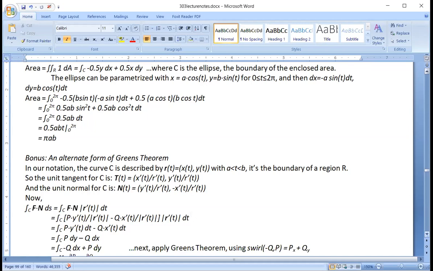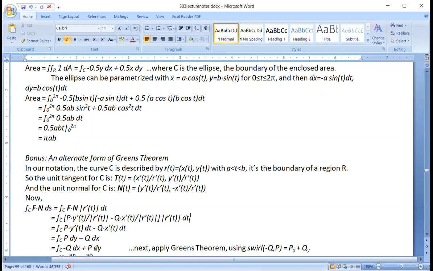And now we're going to apply our original version of Green's theorem. The original version says take d/dx of the second thing and subtract d/dy of the first thing. So notice the vector field is negative Q comma P in this case.